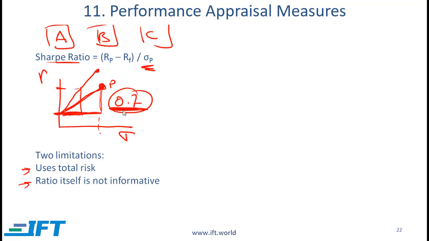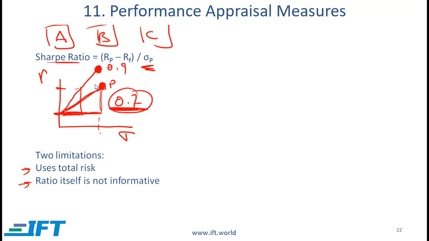You don't know how your manager is performing. It's only when you compare the Sharpe ratio with someone else that you realize whether it is good or bad. So if this other portfolio has a Sharpe ratio of 0.9, then we can say that this portfolio is superior to this one.